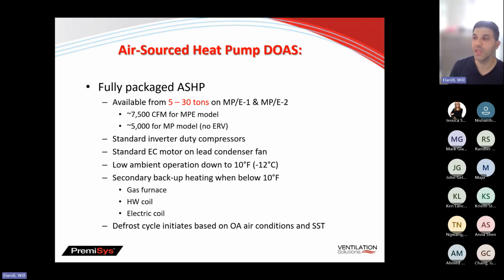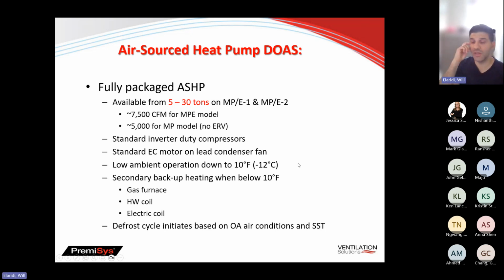So what this does is have the air source heat pump as a primary heating device in the wintertime, while having a secondary backup heat when it dips below 10 degrees Fahrenheit or minus 12 C. That secondary backup or supplementary heating could be selected as a gas furnace, hot water, or electric coil.